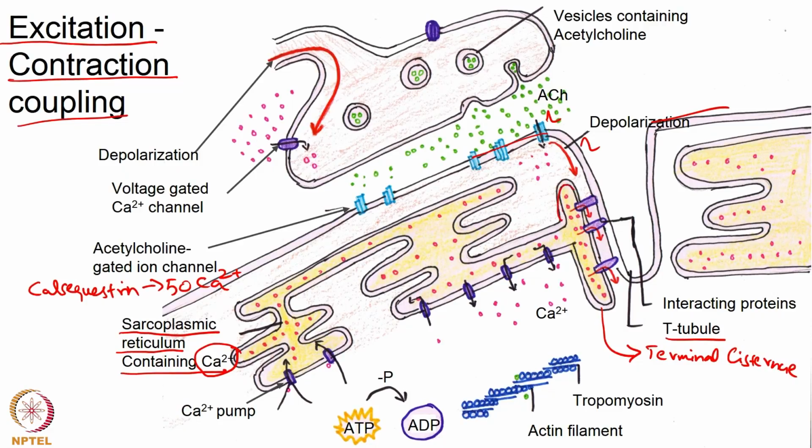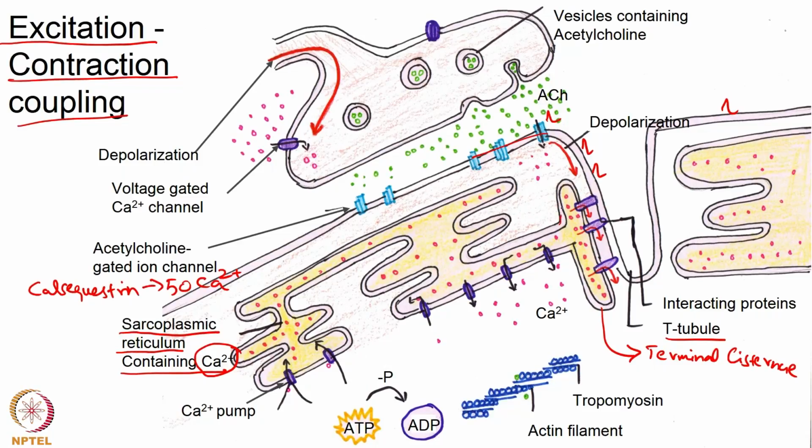This is the terminal cisternae, and the terminal cisternae are close to the T tubule, and it is in the T tubule that depolarization is happening, not in the terminal cisternae. Depolarization and the action potential are travelling in the T tubule and on the sarcolemma, basically on the muscle cell membrane.